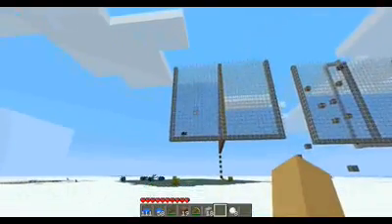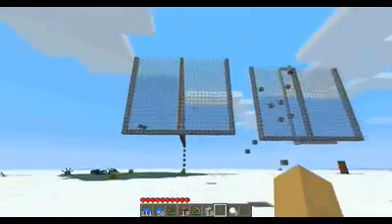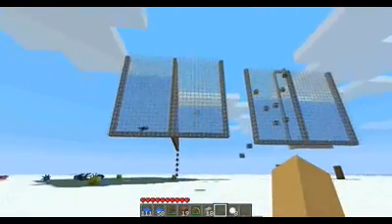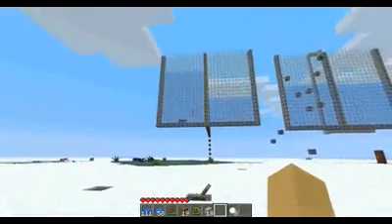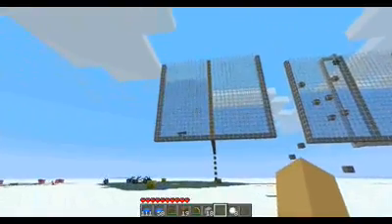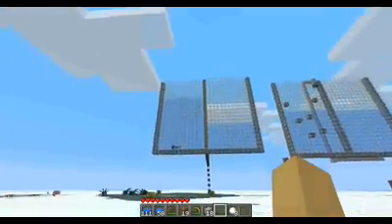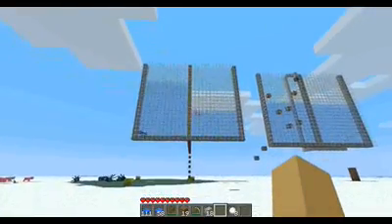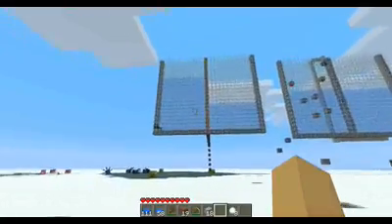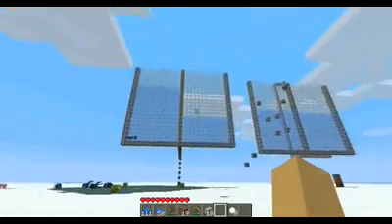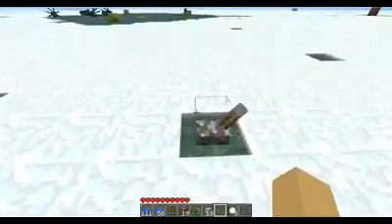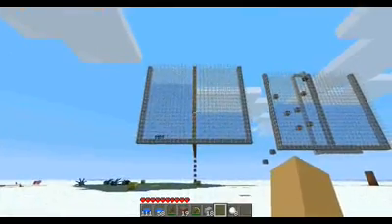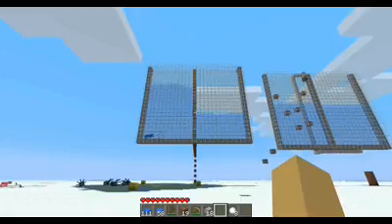I'll say that the left side is the inside of the cell, and the right side is the outside of the cell, which doesn't have as much water. So what happens is that naturally the water crosses the membrane and becomes the same level as the outside. So the concentrations become the same, basically.